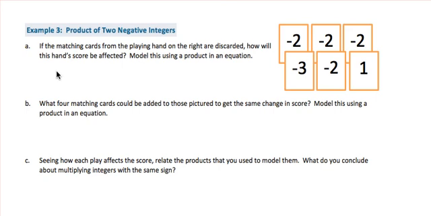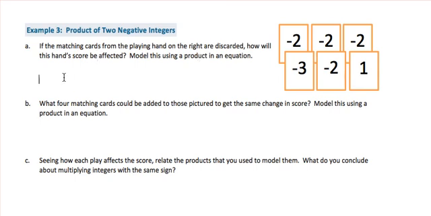If we were to remove a negative 2 from this score, it would increase our score by 2. So each time we remove a negative 2 from our set of cards, our score is actually going to increase by 2. If we removed all 4 of the negative 2s, that would cause our score to increase by 8.